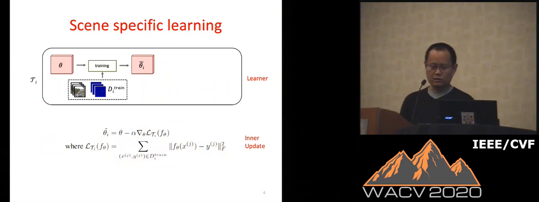Here is an overview of our approach. Suppose we have an initial model parameter theta, and a particular scene that we see during training. We adapt the model parameter by a few gradient updates, and we get an updated parameter called theta tilde.